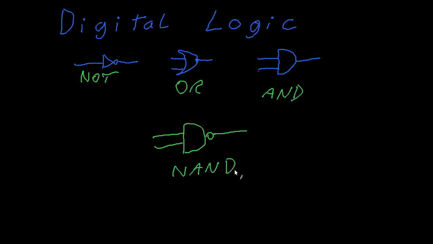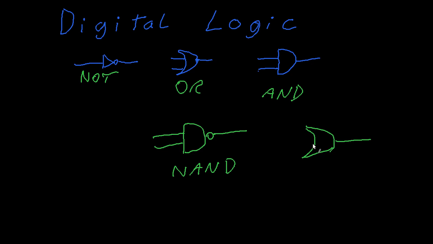When we do computer programming, we are also making decisions based on the operations of not, or, and. There's also another gate that we use, and that is the XOR. Now the XOR, not the best drawing in the world, but I think you get the idea.